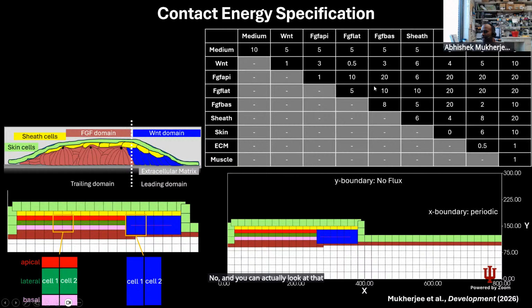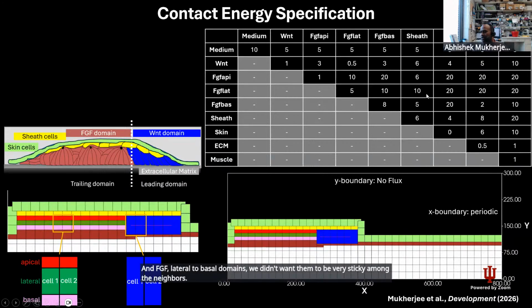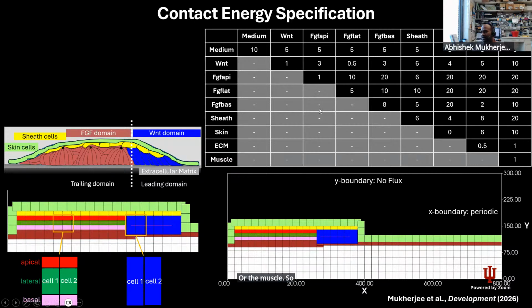And FGF lateral to basal domains, we didn't want them to be very sticky among the neighbors. Same with the sheath cells, and we definitely didn't want them to contact the skin or the ECM or the muscle. So those are really high. Basal domain to basal domain, we wanted them to be quite motile and not really want to adhere to each other.